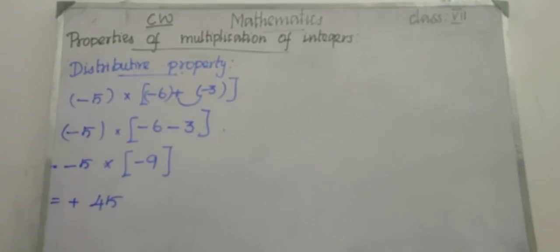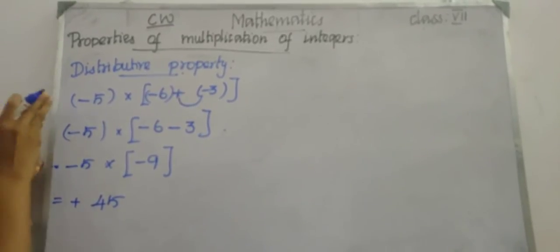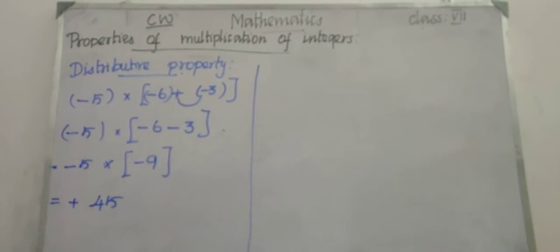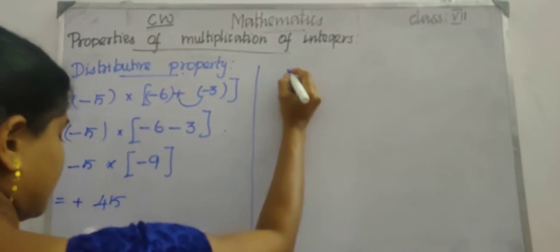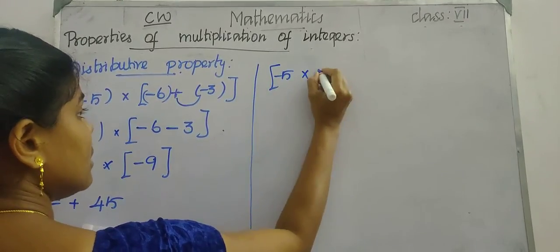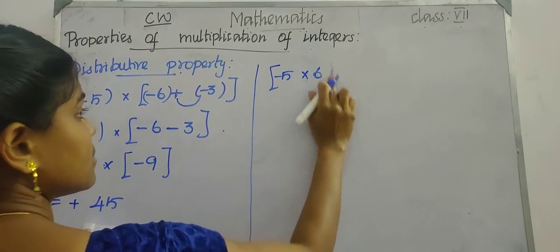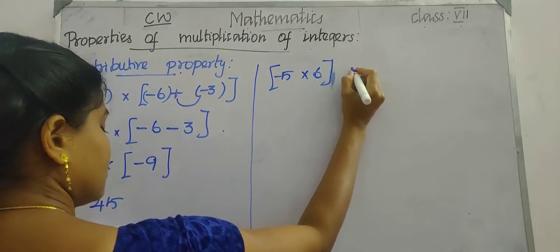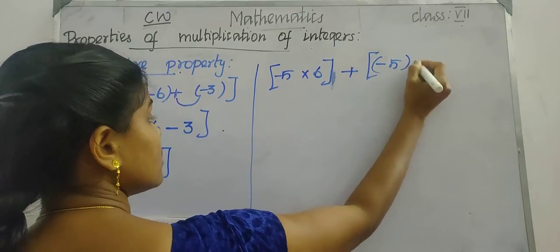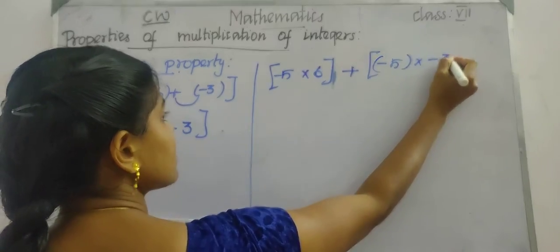Okay children, and also we can write this one in another way. Let us write the other format, that is minus 5 into 6 plus minus 5 into minus 3.